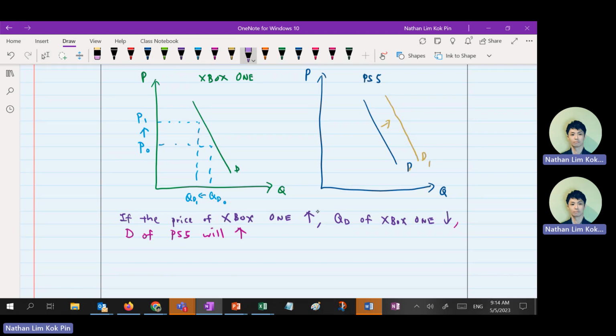When the price of a substitute increases, the demand of the other substitute will increase. So these two have the same direction. Same direction in economics means a positive or negative relationship? Positive. Same direction means positive. Opposite direction means negative. So they have a positive relationship.